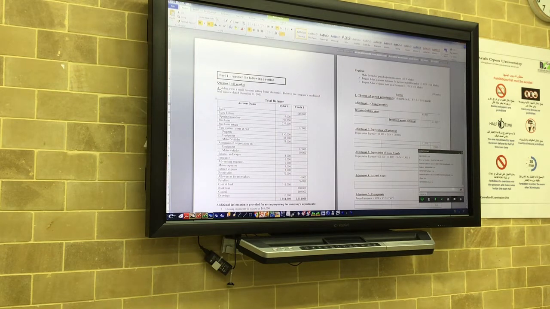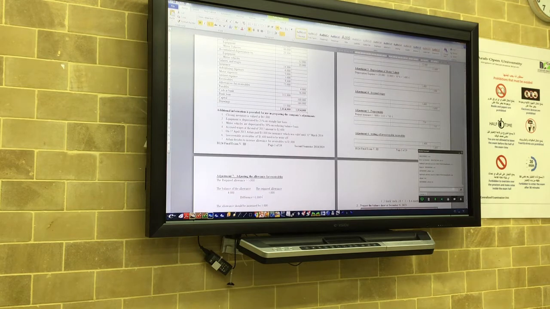Okay, clear. For the closing inventory, you just prepare the adjustment entry: inventory in balance sheet, to inventory in income statement. So the first adjustment entry is inventory balance sheet, to inventory income statement.